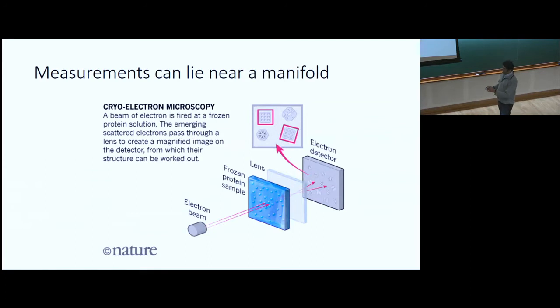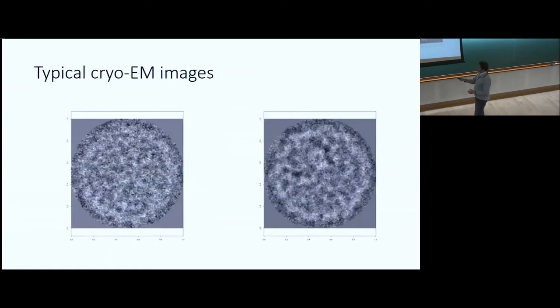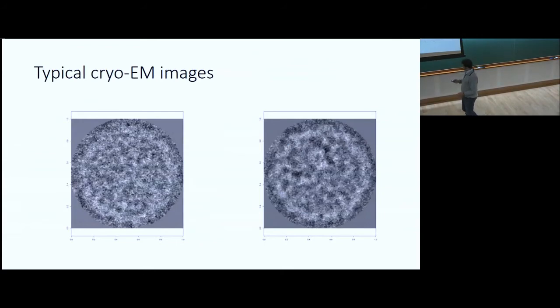If you plot all the images in some high-dimensional space, suppose these images are 200 by 200 pixel images, these will be points in a 40,000 dimensional space. If they were noiseless, they would tend to lie on this embedding of SO3 in 40,000 dimensional space.